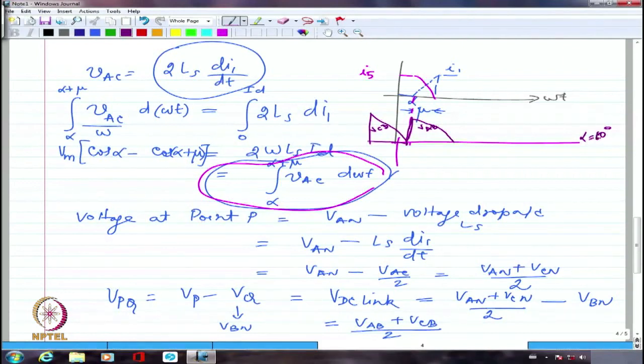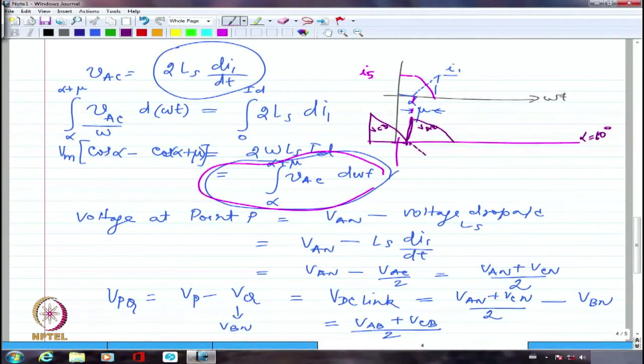If I am talking about overlap, at this point, I am not going to have the overtaking of, so I am going to have VCB coming up as the average between VCB and VAB as the DC link voltage. So, VCB is coming down further like this.